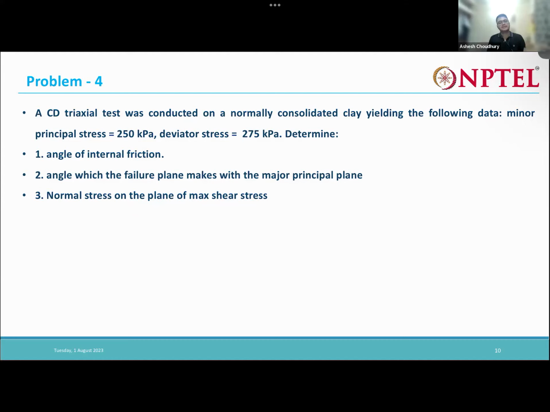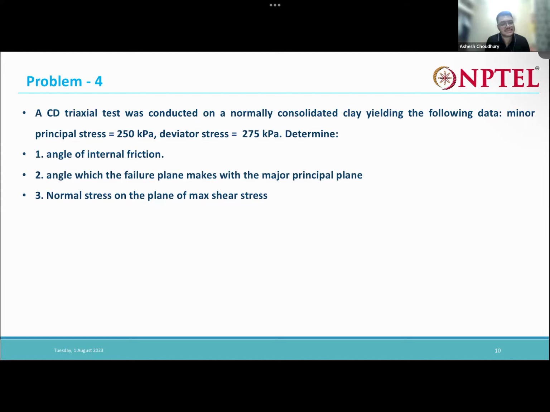At both these planes, the shear stresses are different. At the failure plane, the shear stress is not maximum, right? It's a different plane at which the shear stress is actually maximum. Here we are asked to find the normal stress on the plane of maximum shear stress, and also the angle which the failure plane makes with the major principal plane. Okay, that's fine. So let us try to solve this.